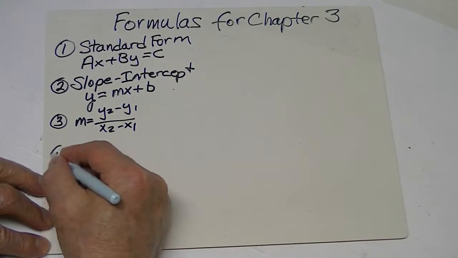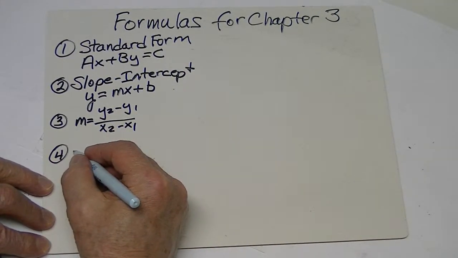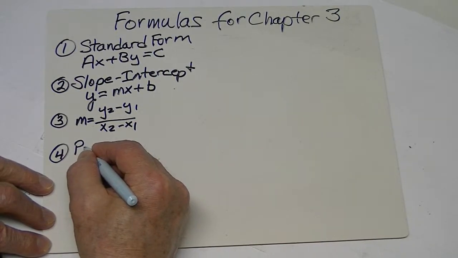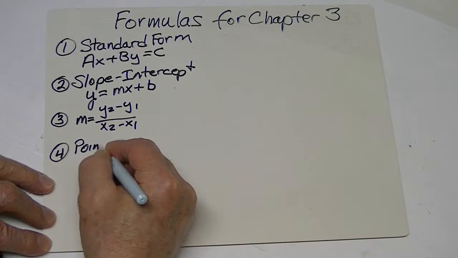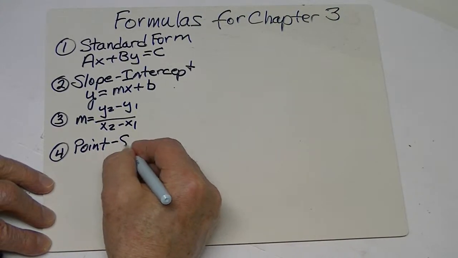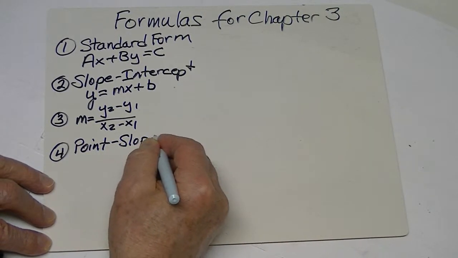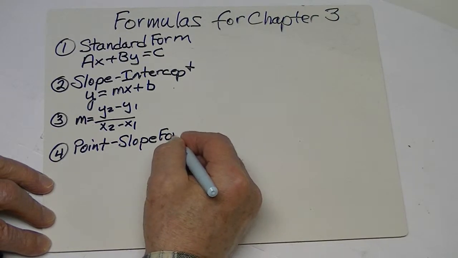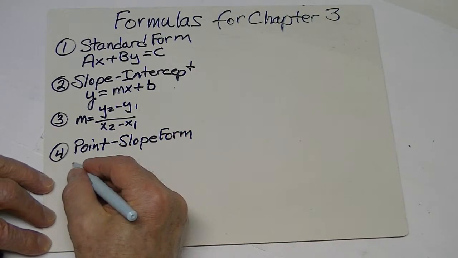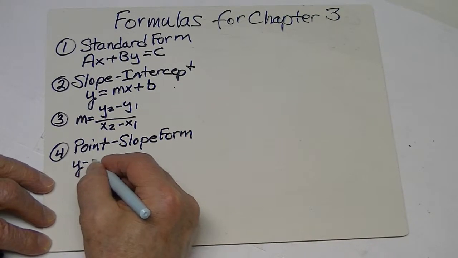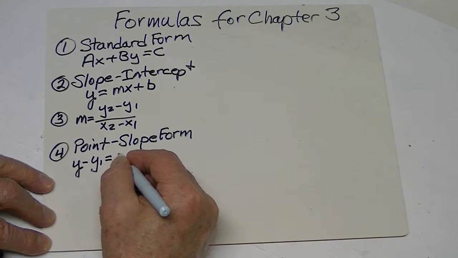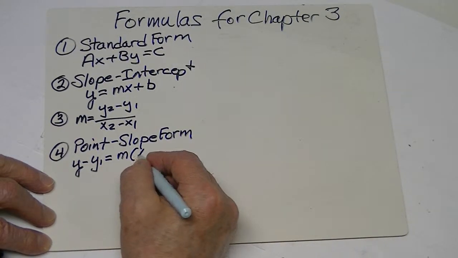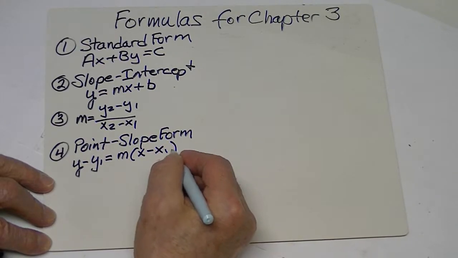And following this, we have Formula 4, which is called the point slope form. And that's y minus y sub 1 equals m times x minus x sub 1.